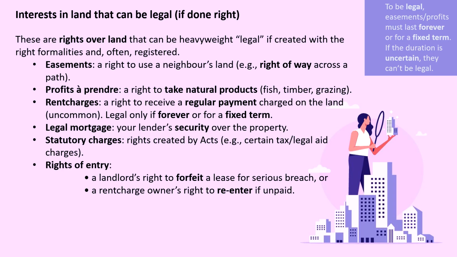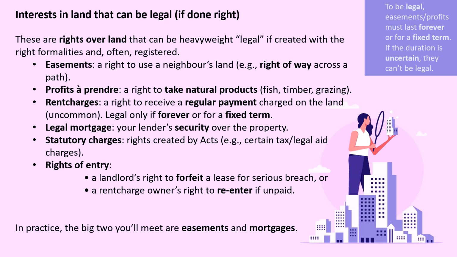Or we have rights of entry that a landlord or rent charge owner still has in the land. If you breach any of the conditions for your ownership, maybe you don't pay the amount that has been agreed, maybe you decide to use it as a business property even though you promised not to, then the owner higher up in the hierarchy might be able to just say, no, I'm taking ownership of the property again.